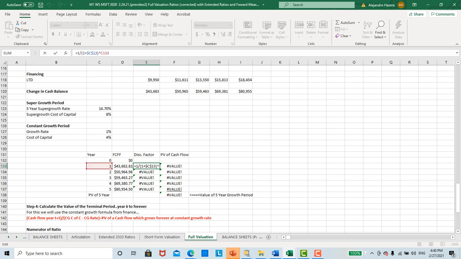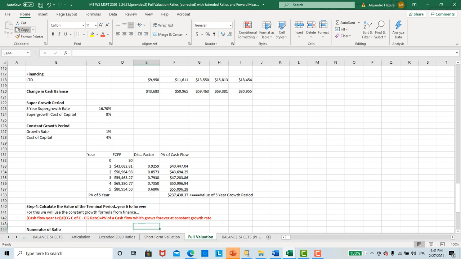So we just have to change that to C124, which is right here, and then make sure we raise it to that cell right there. Okay, so that gives us about 93%. Make sure the C124 is already frozen, so we don't have to worry about that.